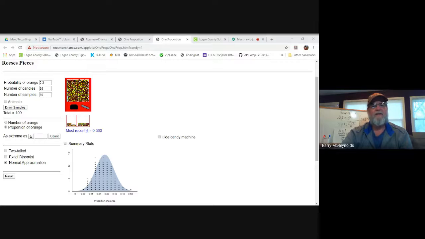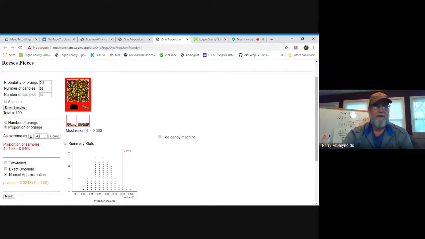So anything that is less than 0.12 or greater than 0.48, we would look at that and say that's kind of an unusual value. Well, the cool thing about this is that we can check that. So I'm going to look for the number of values greater than 0.48. And in our sample of 100, 4 of them fell outside that line.